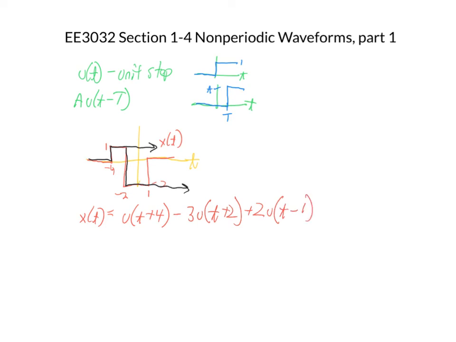We now have an expression for that original red waveform in terms of 3 unit steps. And like I said, the analysis tools that we're going to develop later in the class, we're going to be able to very easily do a lot of powerful analysis on an individual unit step that might be time shifted or have its amplitude changed.